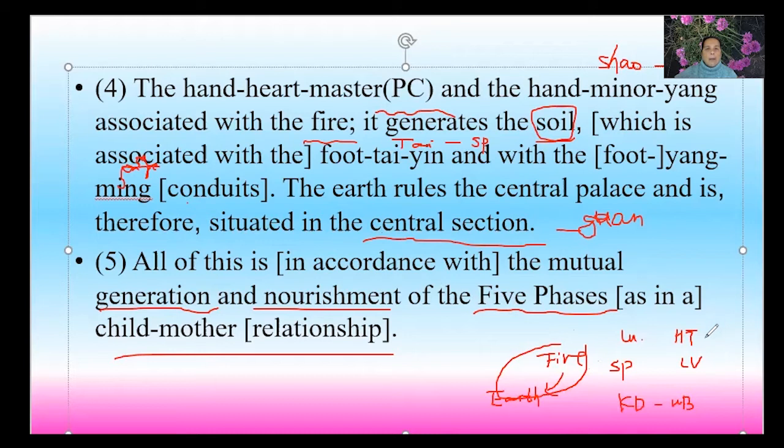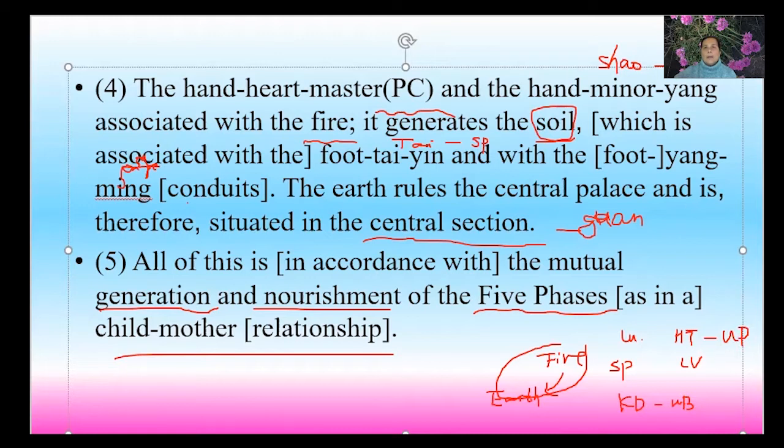Remember, when we're talking about the position of the pulse, always think of the hand upward, like this. That's what we mean by upward.